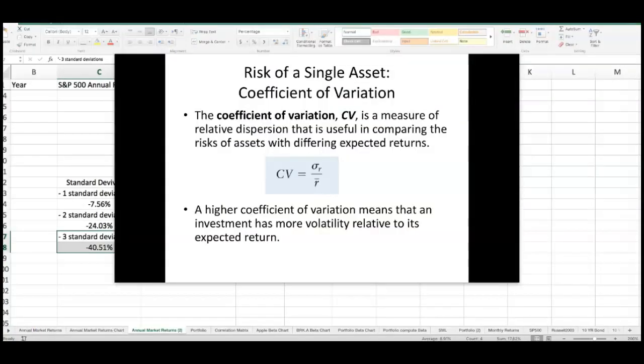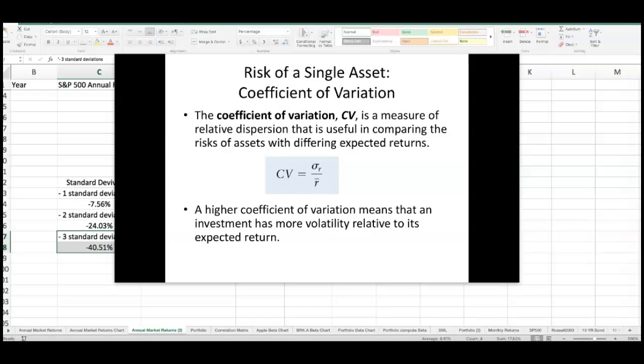We saw that the Russell 2000 index of small company stocks had a higher return, but it also had higher risk than the S&P 500 or the Treasury bonds. The coefficient of variation is a way of capturing that risk-return trade-off for individual assets.